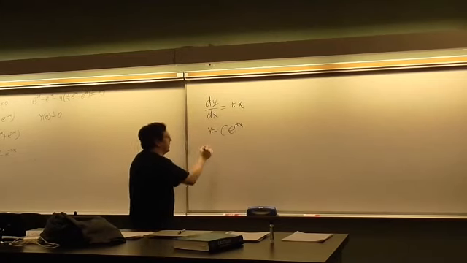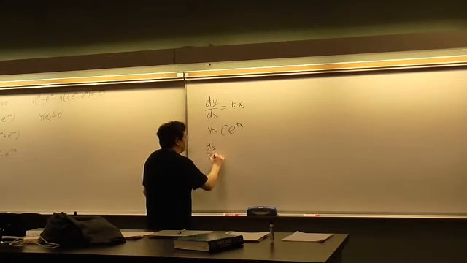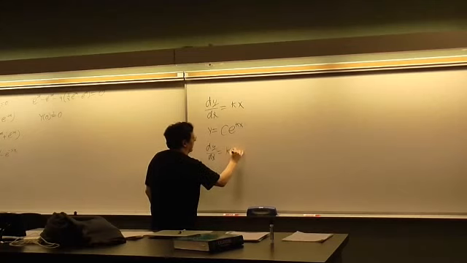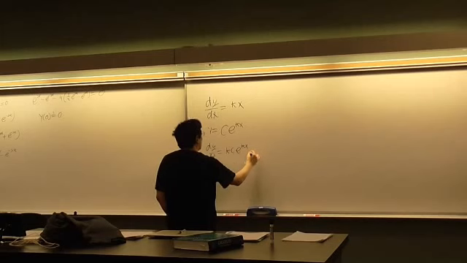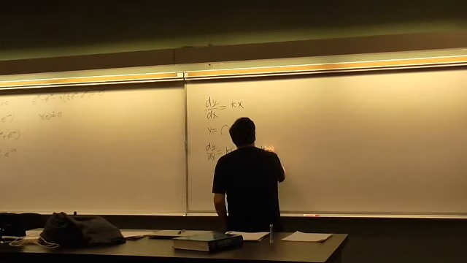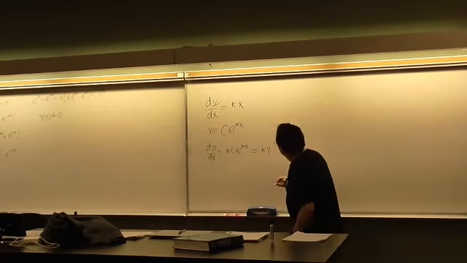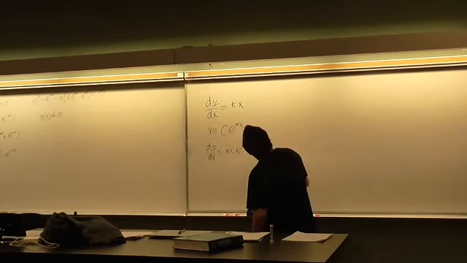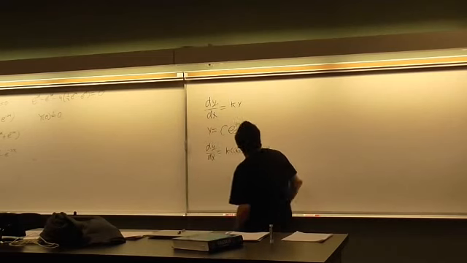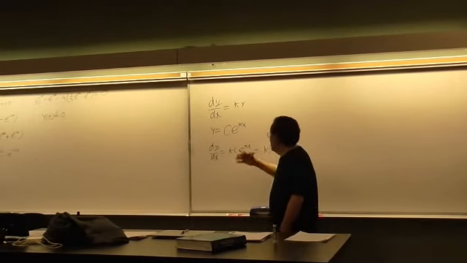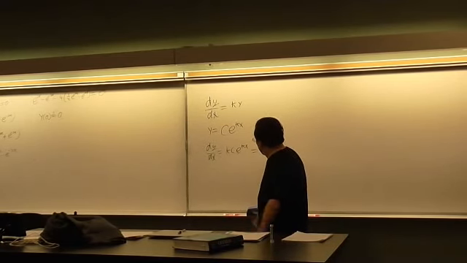Let's verify that. dy/dx equals k C e to the kx, which is equal to k times y. I guess I meant y here. Sorry. Okay. So that's what you were supposed to do if I had given you the right problem.